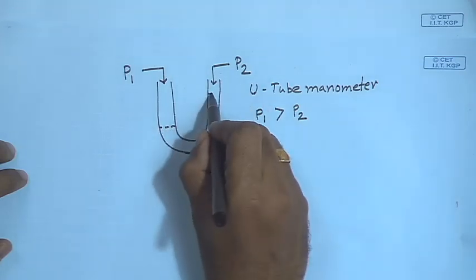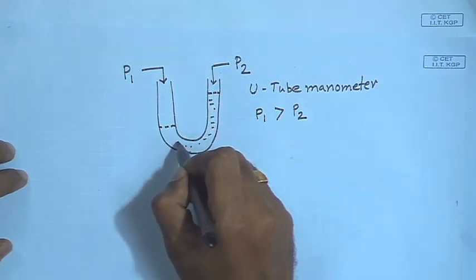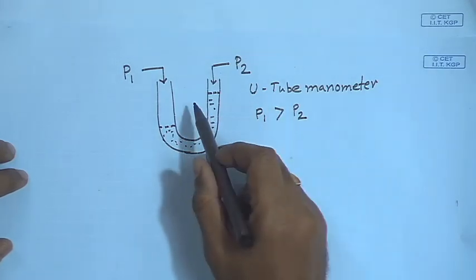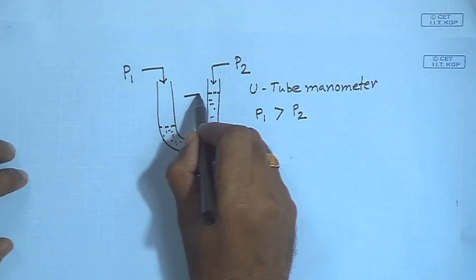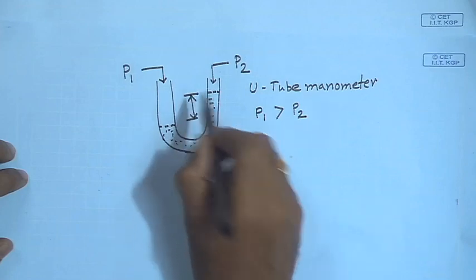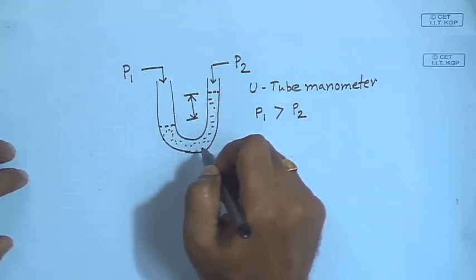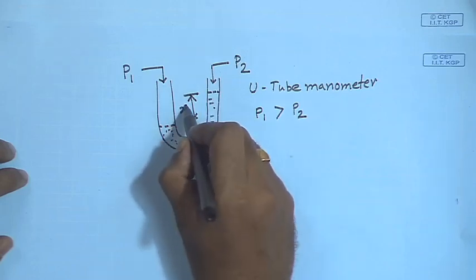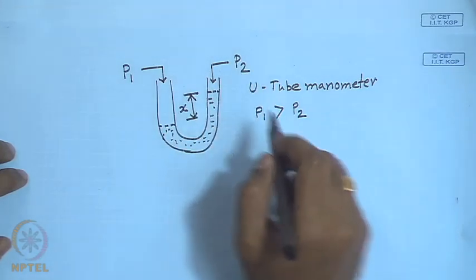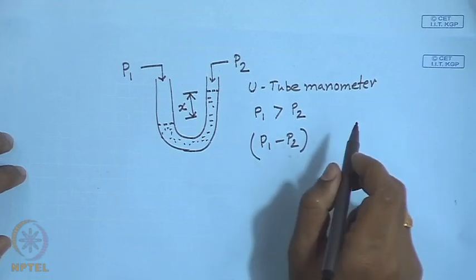And there is manometer liquid. So, if P1 is greater than P2, this difference of liquid level between these two tubes, if we call it x, x can be considered as a measure of P1 minus P2, the differential pressure.